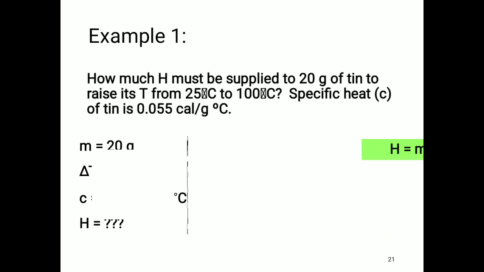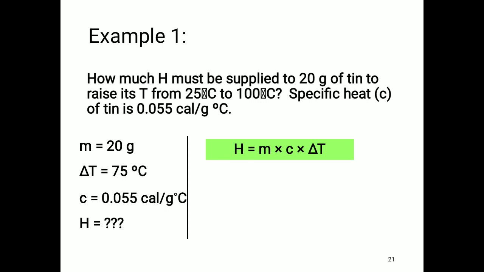Now we want to do some numerical questions on this. First example: how much heat must be supplied to 20 gram of tin to raise its temperature from 25 degrees centigrade to 100 degrees centigrade?